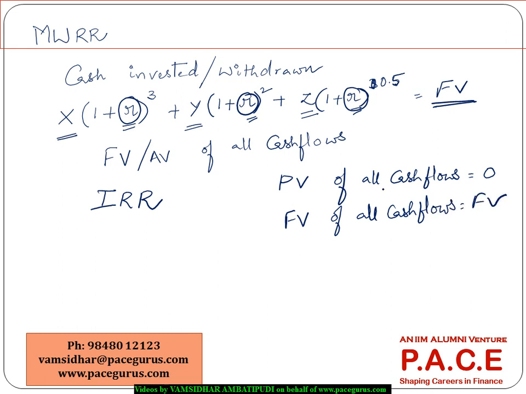Whatever rate of return makes this happen is called the money weighted rate of return, because the weightage is given more to the money.